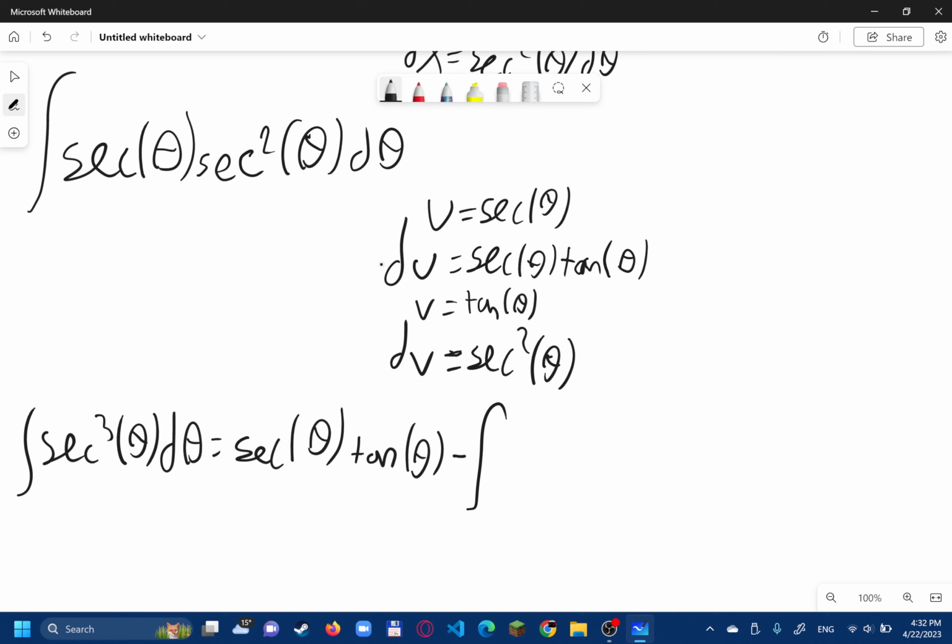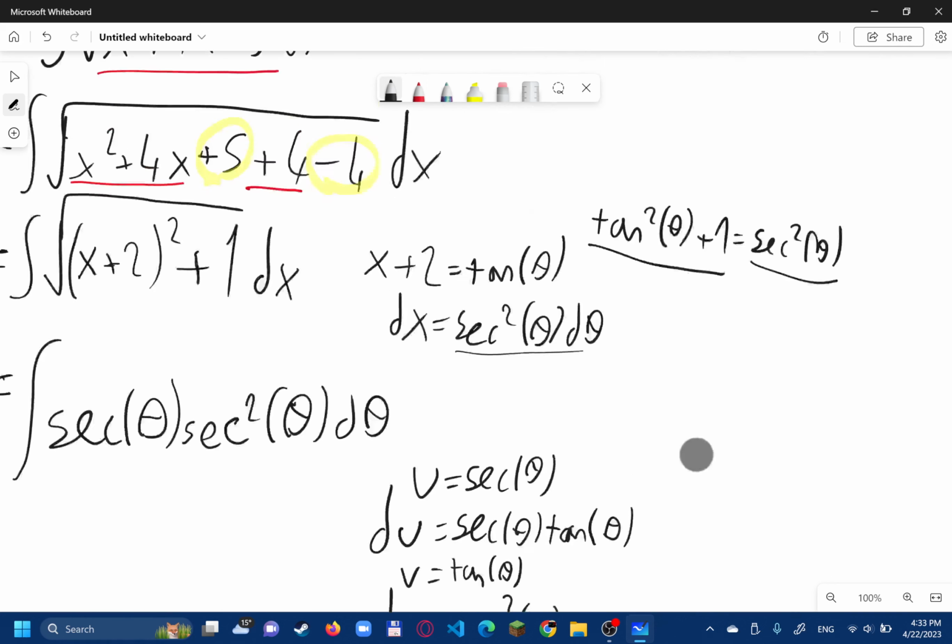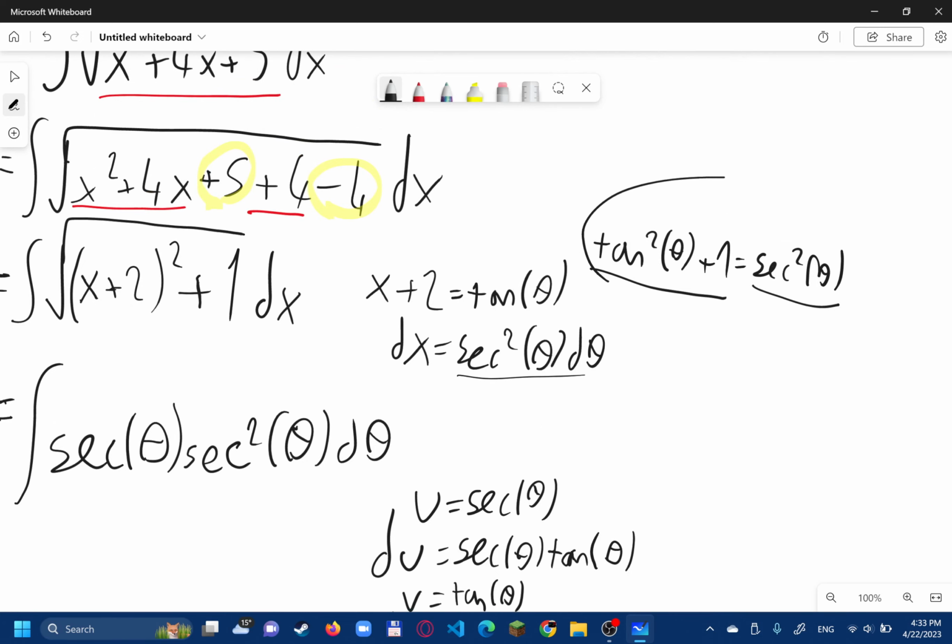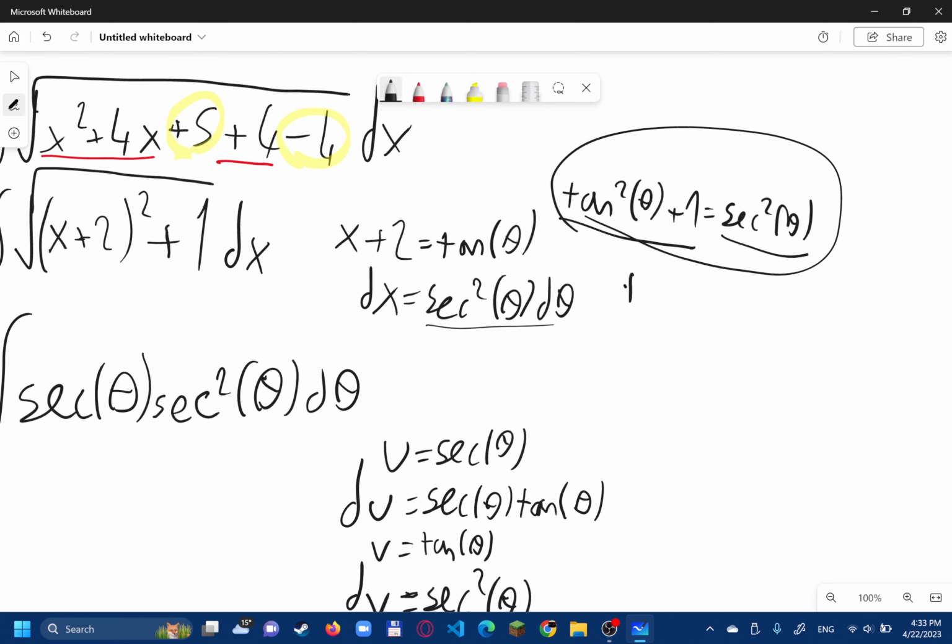If we simplify this, we end up with secant theta times tangent squared theta d theta. So recall the trig identity from earlier, which is this identity. If we use this and isolate the tangent squared theta, we end up with secant squared theta minus 1.